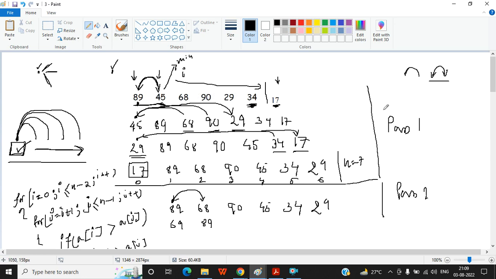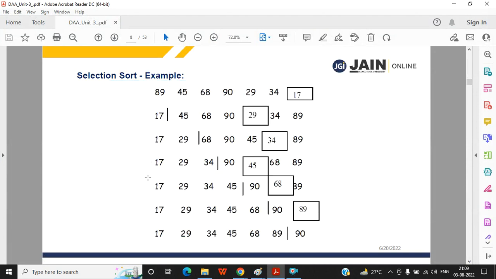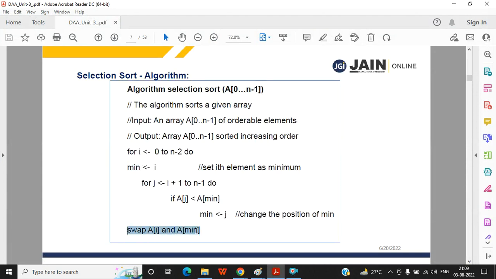So at the end of pass one, it will find the minimum one, and they perform the swap at the end. See here, the swapping is performed after this for loop, so this for loop is finding the index of the minimum element in the array.